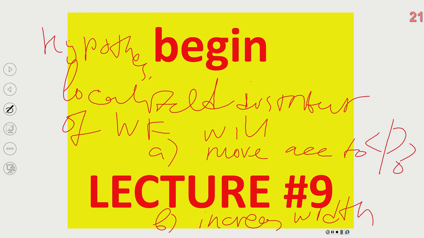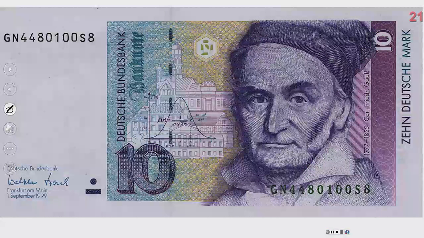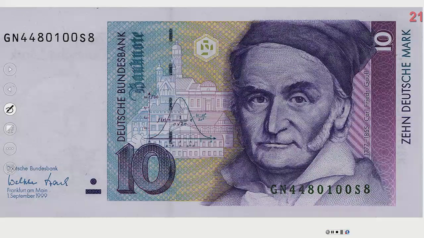Which pictures are shown on American currency? Presidents. So, who was shown on German currency? Mathematicians and stuff like that. Right. Scientists. Yes. German marks.